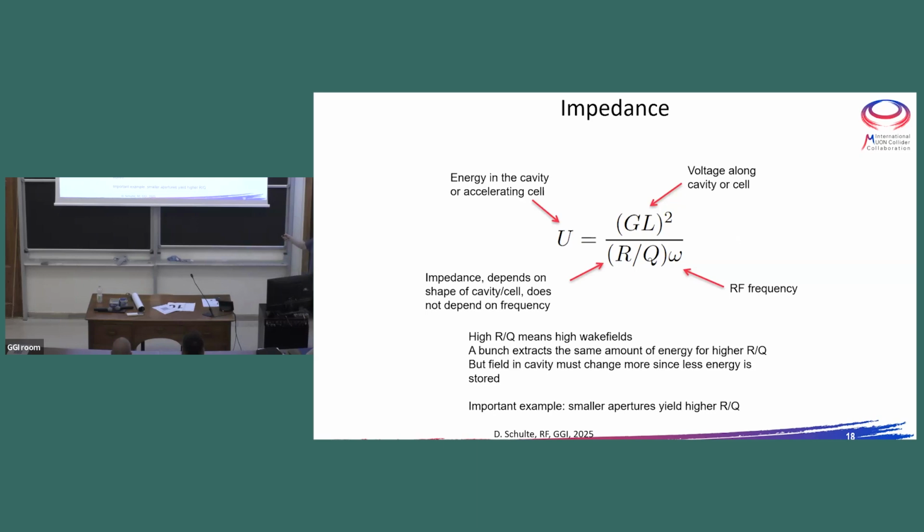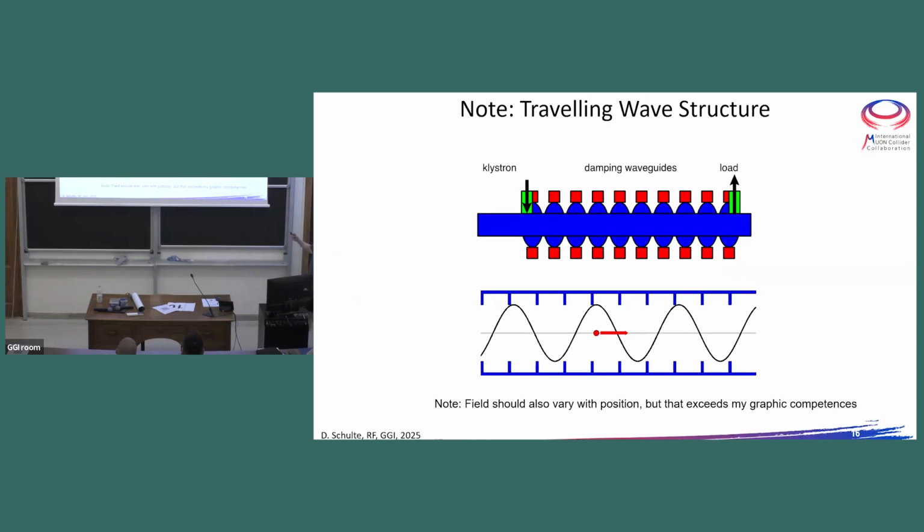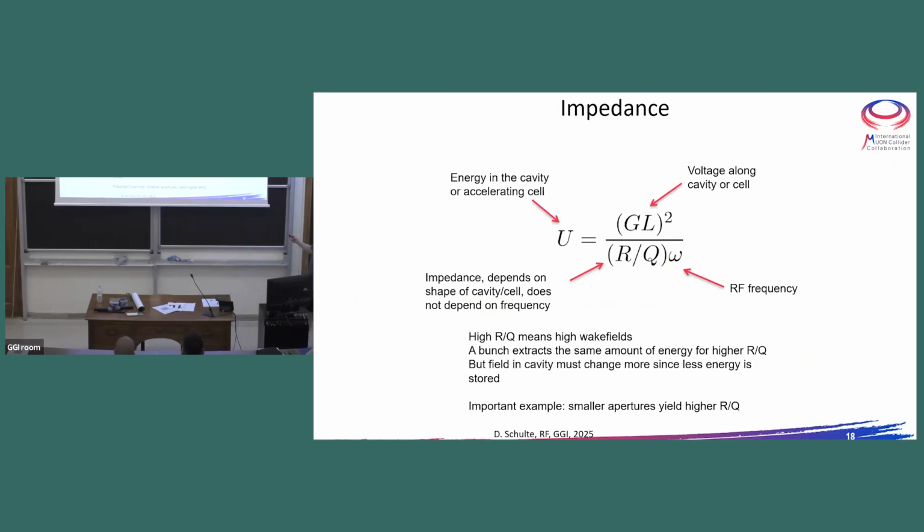However, how does it depend on that? There's a proportionality factor, and that's called R over Q. This is the impedance times omega, the frequency in radians of your RF. So the stored energy depends on the voltage squared, this R over Q, which is a funny unit, the RF frequency, we'll see that, and this here contains the shape.